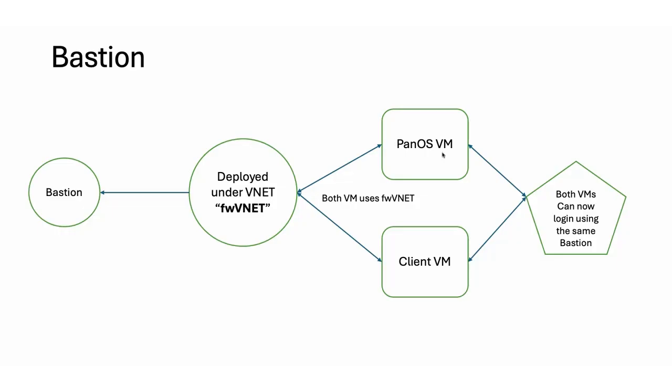In this case, we have two VMs over here, Pan OS and client VM. They are both using the same virtual network. That virtual network has an Azure Bastion deployed. This means that via this virtual network, I can connect through Bastion, through Pan OS VM or client VM. Why? Because both VMs, these two guys, can log in using the same bastion. So that is very, very critical.